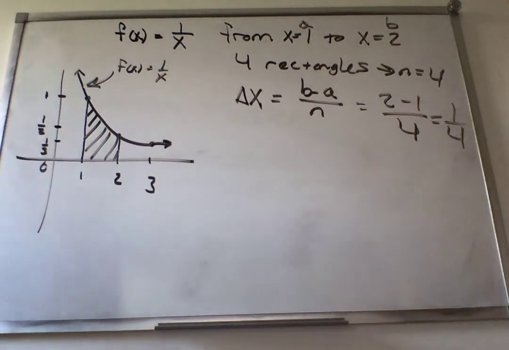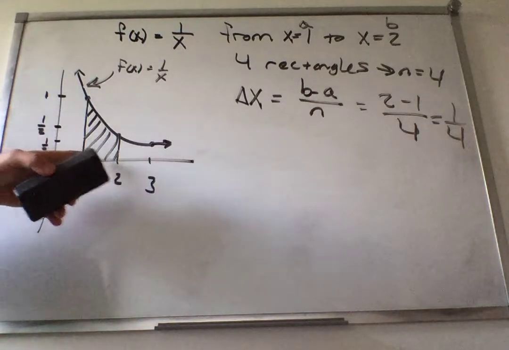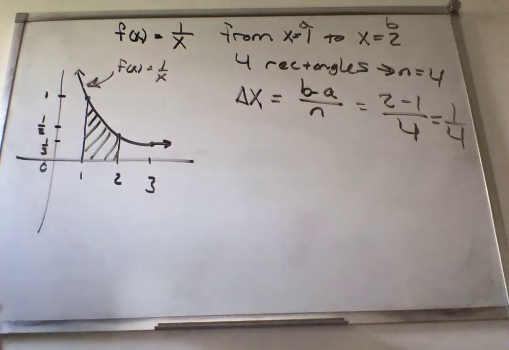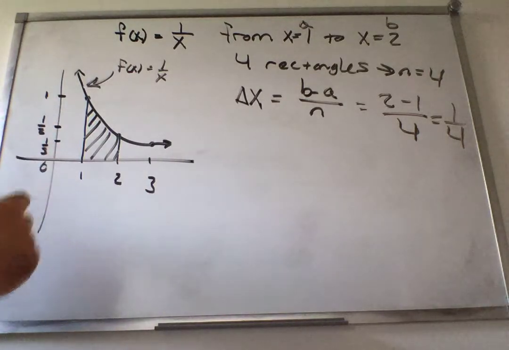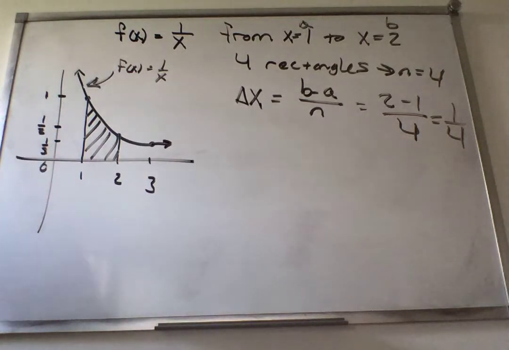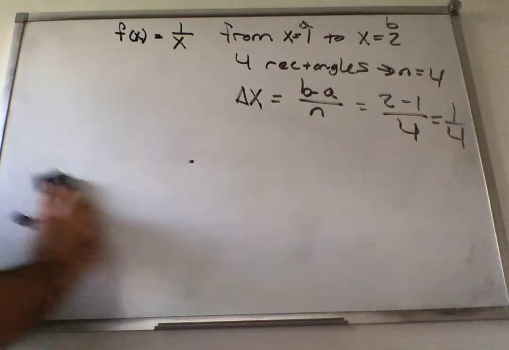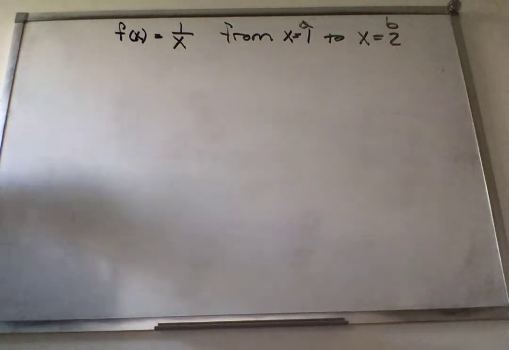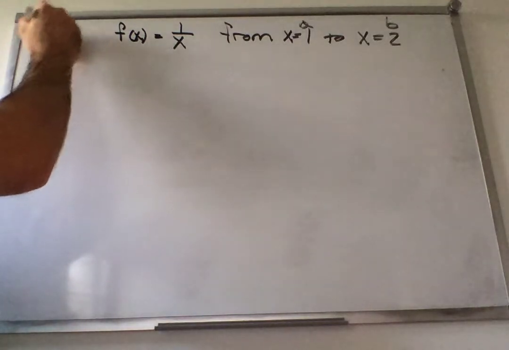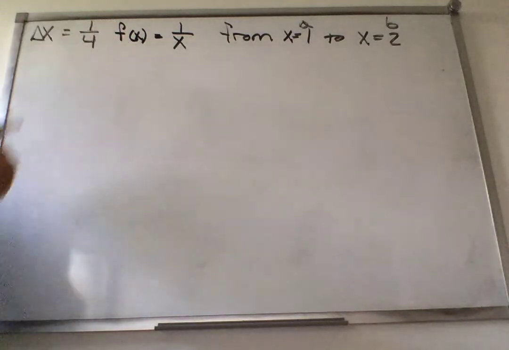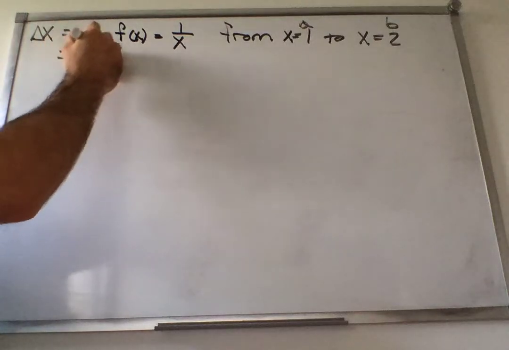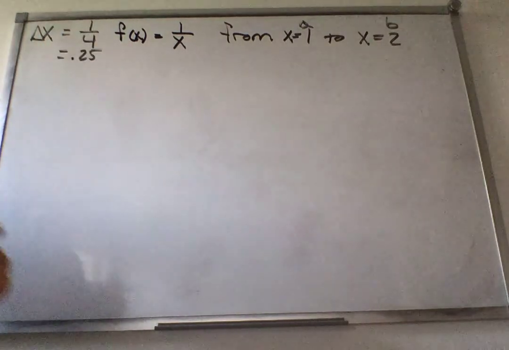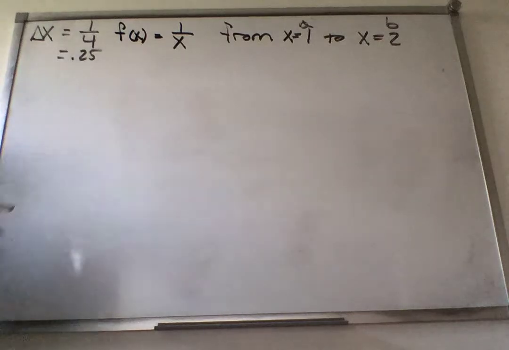Let me redraw this picture, blow it up a little bit more, and go just from 1 to 2 so we can better draw our rectangles. So our delta x is 1/4. You could put 0.25 if you like decimals better. We'll do decimals here.